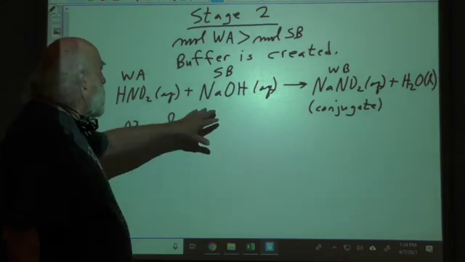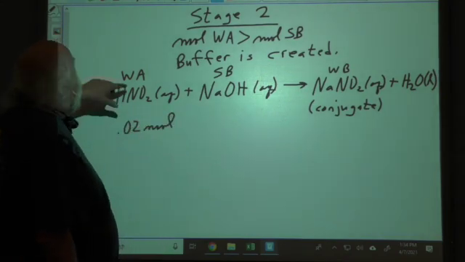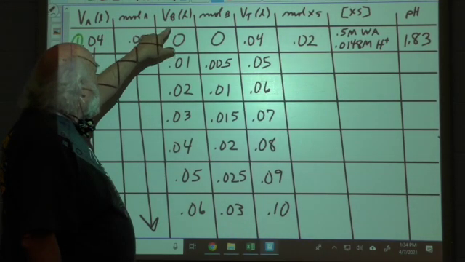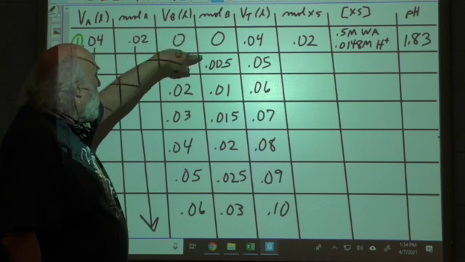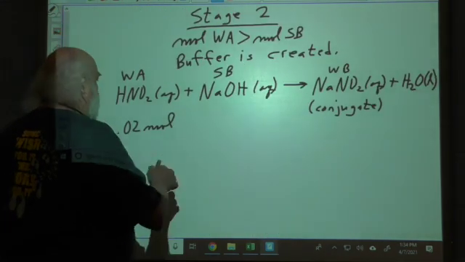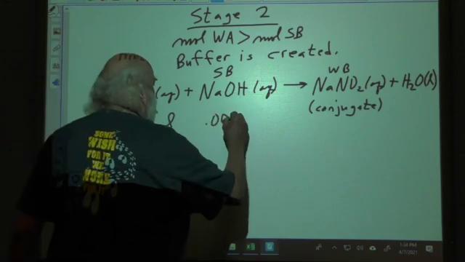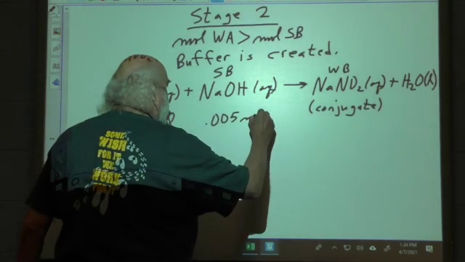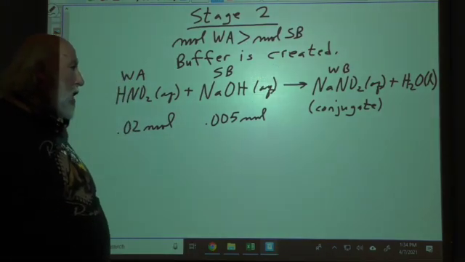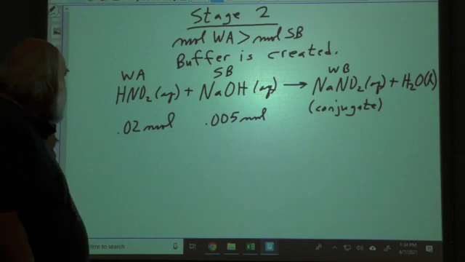Well, the strong base here for the first part of stage two is 0.005 moles. So we're going to put 0.005 moles here. Now at this point, we're going to say that we don't have any conjugate yet. It's 0.